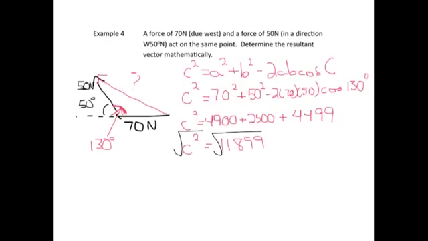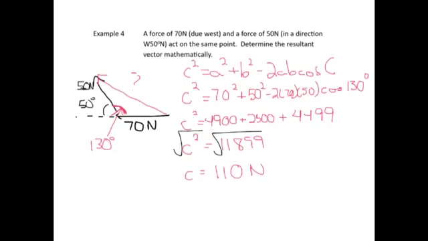Take the square root of both. And to correct sig figs, calculator will tell you 109. We need 2 sig figs, so 110 newtons.